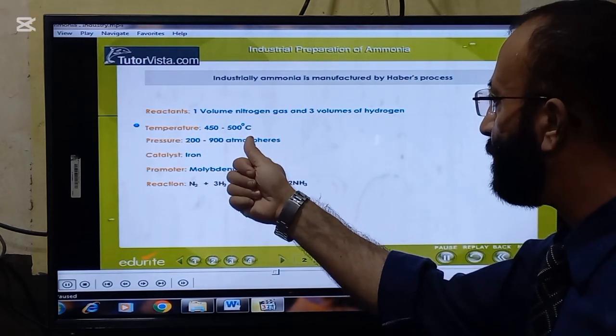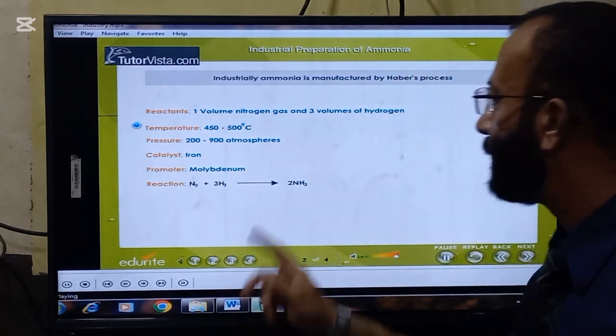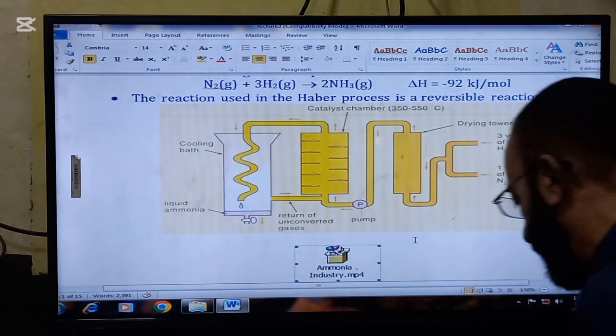Temperature will be 450 to 500 degrees C, pressure 200 to 900 atmospheres. Catalyst: iron. Promoter: molybdenum. Reaction: N2 plus 3H2 gives 2NH3. So this is the industrial manufacture of the ammonia.